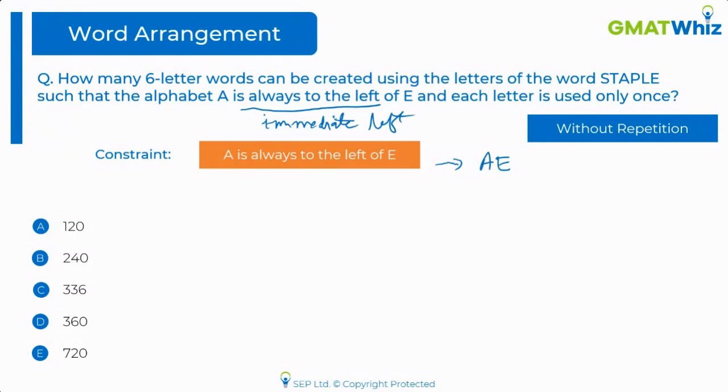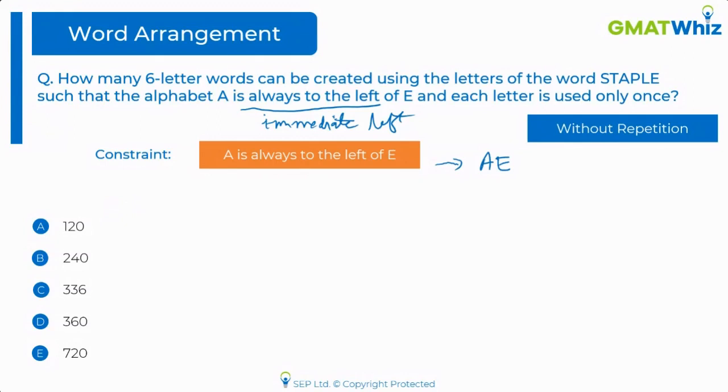There's a huge difference between that. And all of you who marked A as the correct answer, which by the way is approximately 55% of the batch, got it wrong just because of this tiny thing. You assumed that this means that A has to be to the immediate left of E. So tell me now, those of you who made this mistake, was it because of quant or verbal?